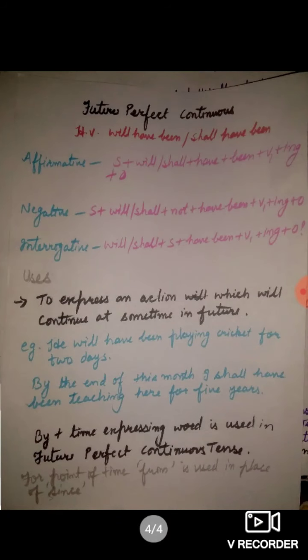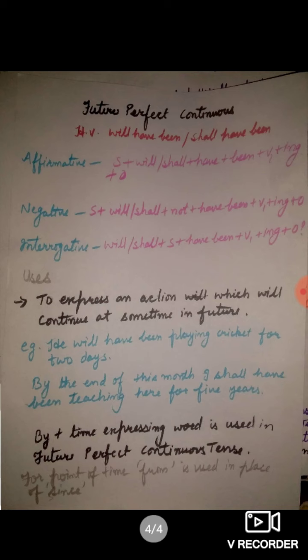In future perfect continuous tense, we have the helping verbs will have been and shall have been. In affirmative sentences, the structure is subject plus will or shall have plus been plus first form of verb plus ing plus object.